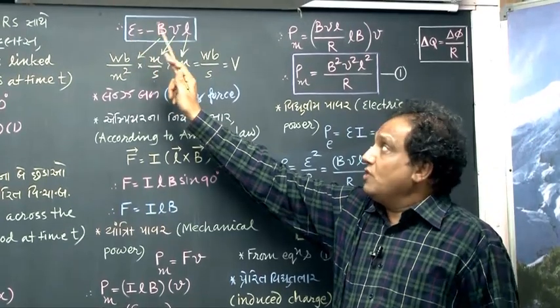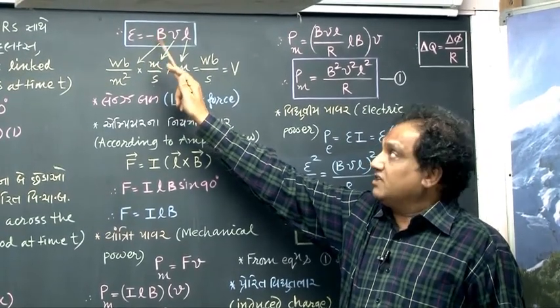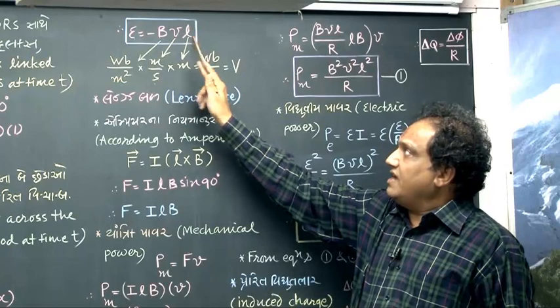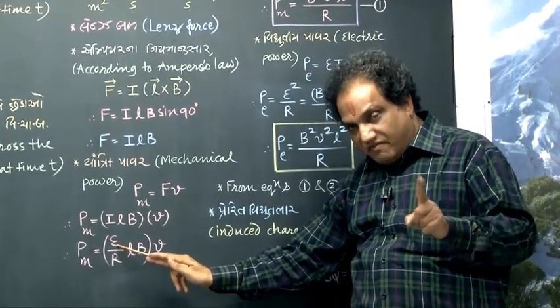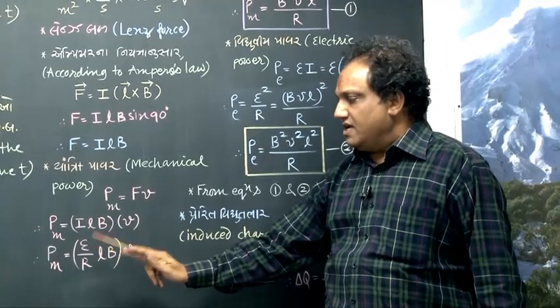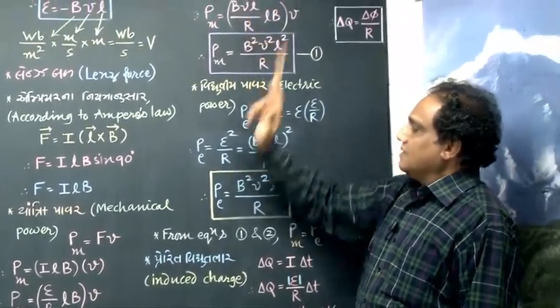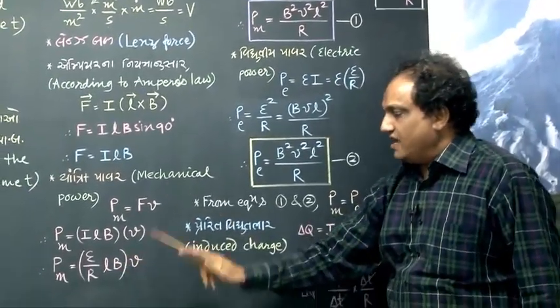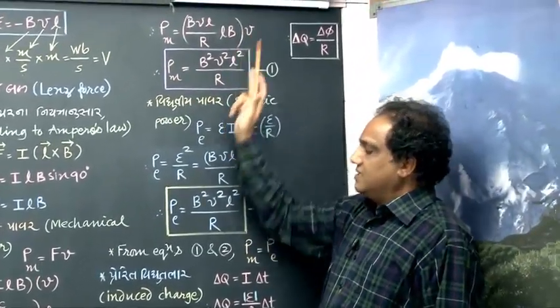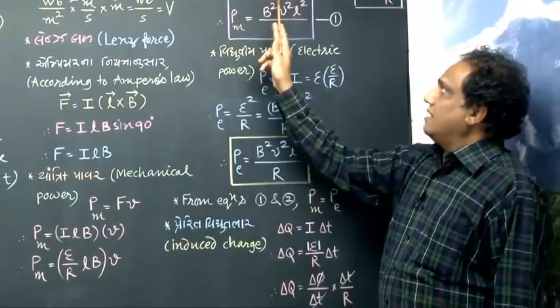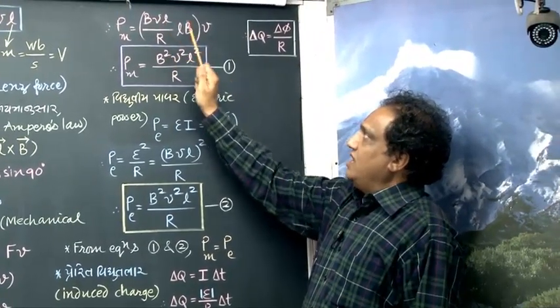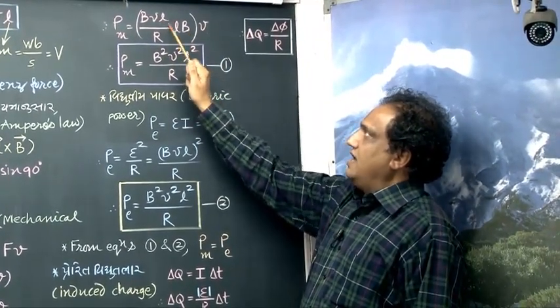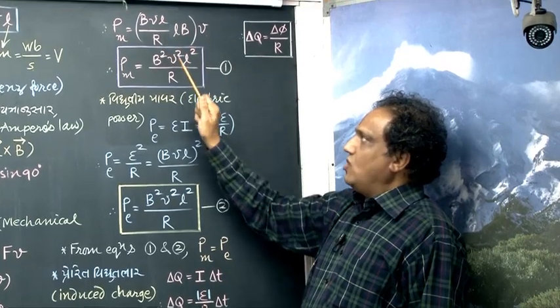Taking the magnitude, minus will become plus, so it is BVL. That's what I have written here: E equals BVL. So into L into B into V as it is, LBV as it is upon R. And now B into B, B square; V into V, V square; L into L, L square upon R.